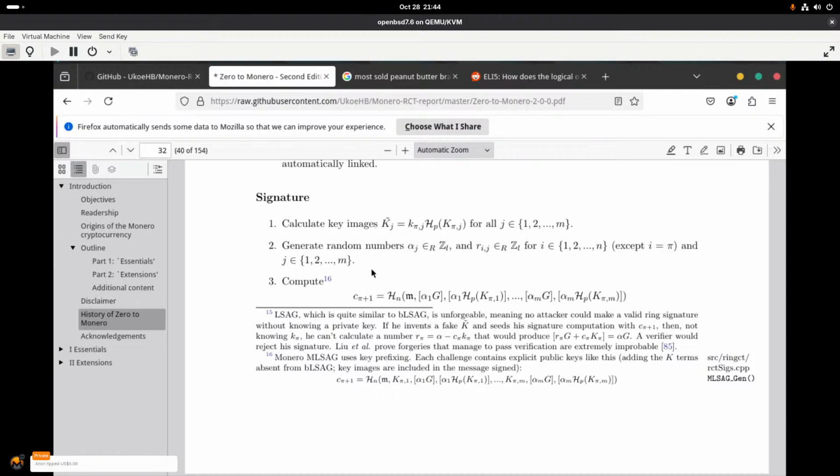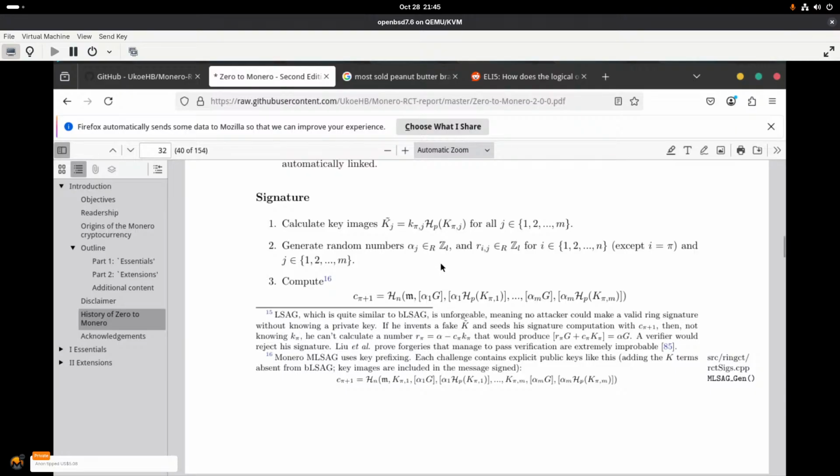If he invents a fake K and seeds his signature computation with c_pi plus 1, then not knowing k_pi, he can't calculate a number r_pi that would produce r_pi G plus c_pi K_pi equals aG. A verifier would reject his signature. Liu et al. proved forgeries that manage to pass verification are extremely improbable.